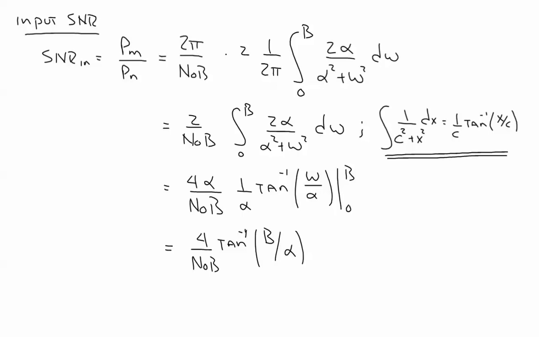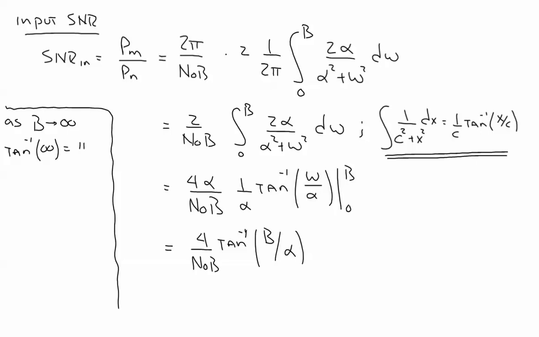Now, that particular result is what it is. It's not particularly interesting in and of itself. But let's look at what happens as the bandwidth gets larger and larger and larger: the arctangent function becomes pi over 2.